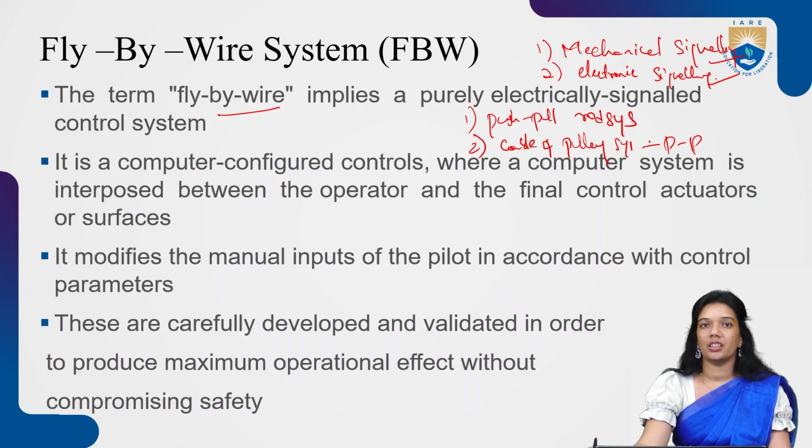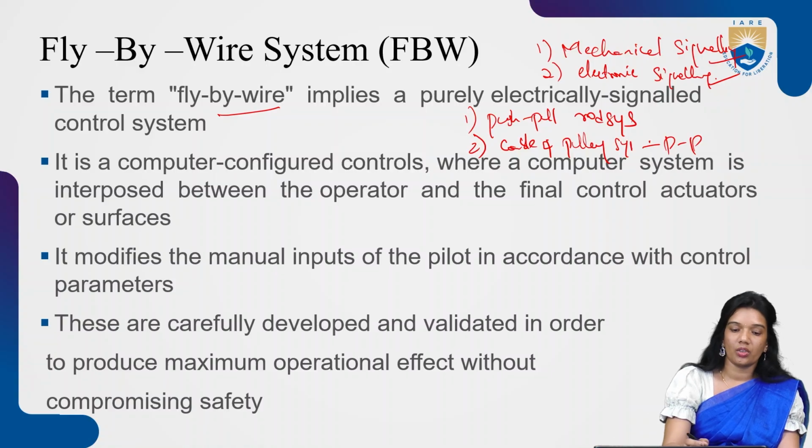Here, instead of any mechanical control linkage systems, it is electronic. Initially it was analog, then it became digital. So with digital control, the computer system takes care of the inputs, and that information is passed on with very high redundancy, safety, and reliability to the output, which is the control surfaces.